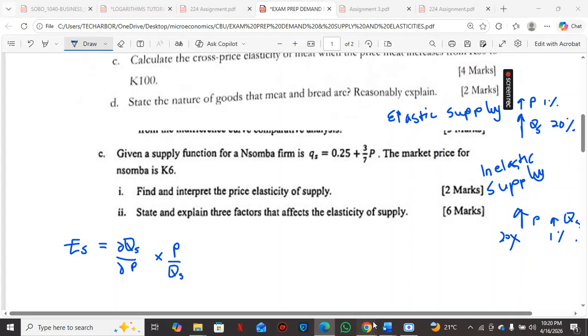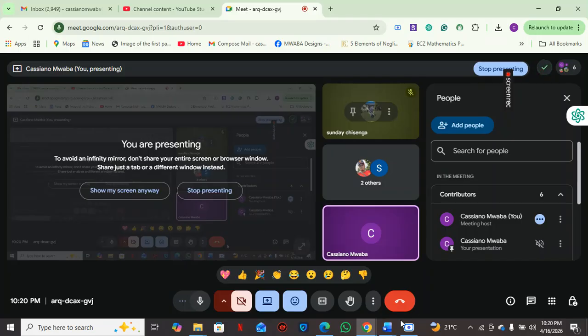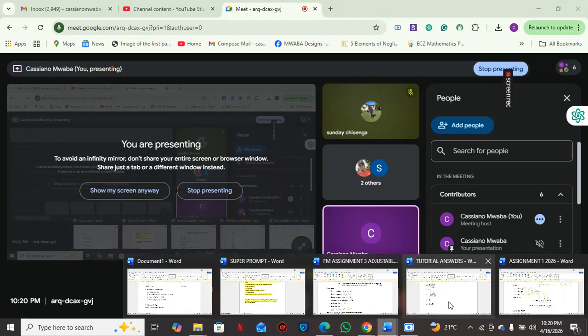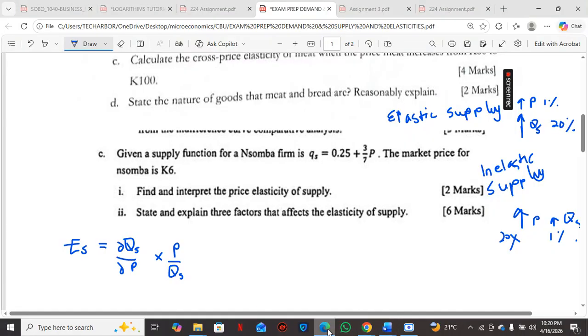That is the formula we are using here. When there's just one price given to you and the supply function, this is when you use the calculus one. So we need to derive this expression here.